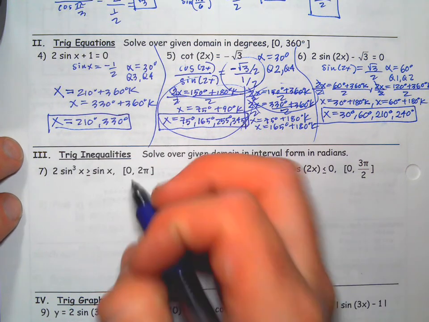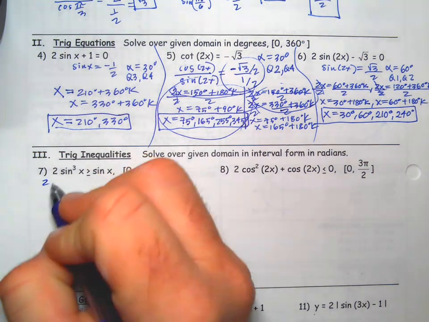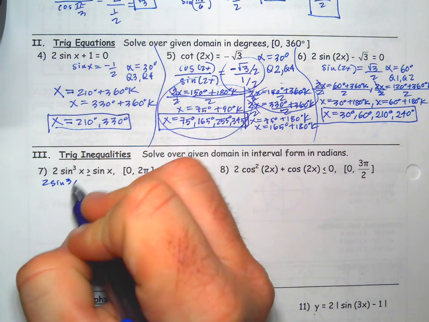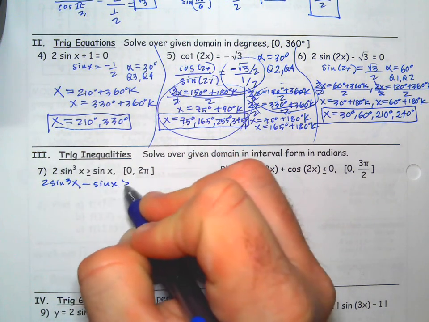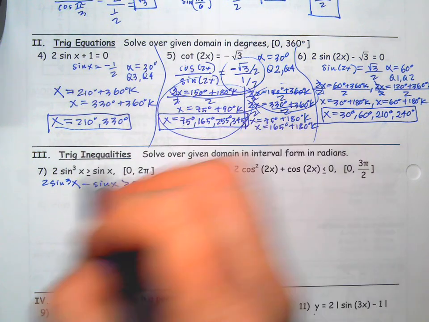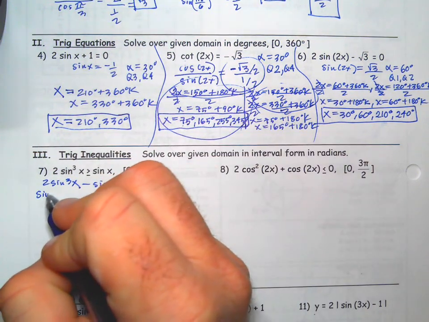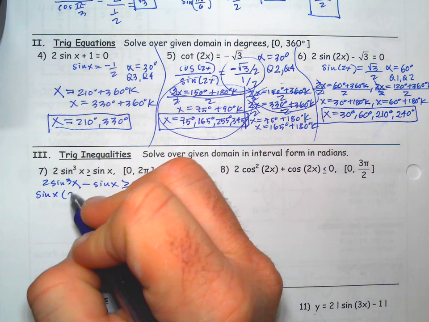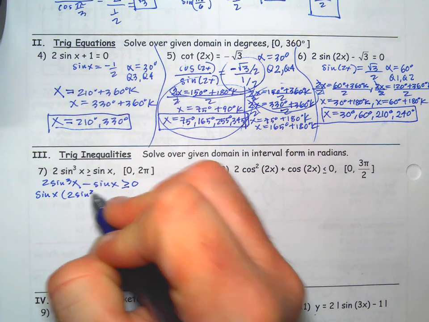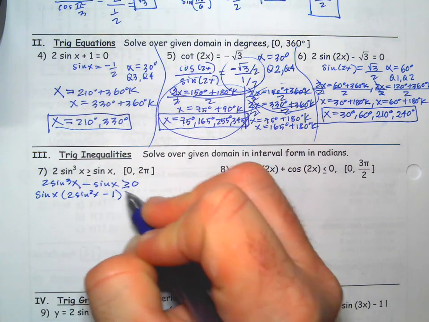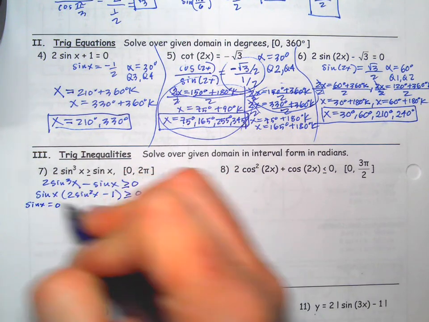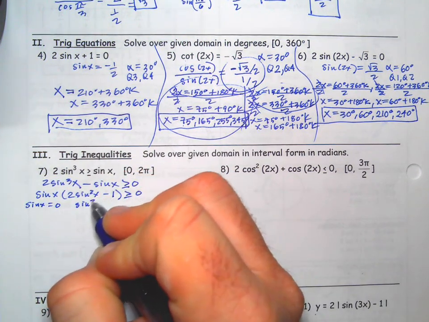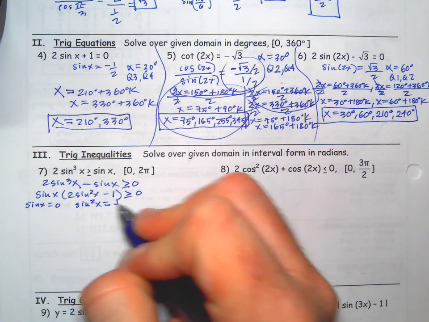check afterwards. So we got to move everything to one side when you're solving trig inequalities and equations. There's multiple terms. Factor it. Zero product property says you can set each equal to 0. So this is going to be sine squared x equals positive 1 over 2.